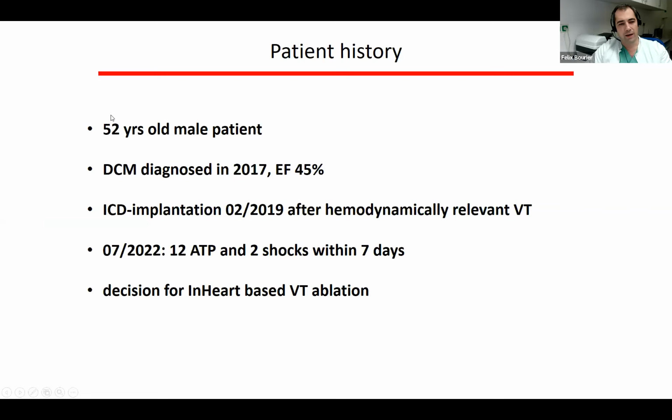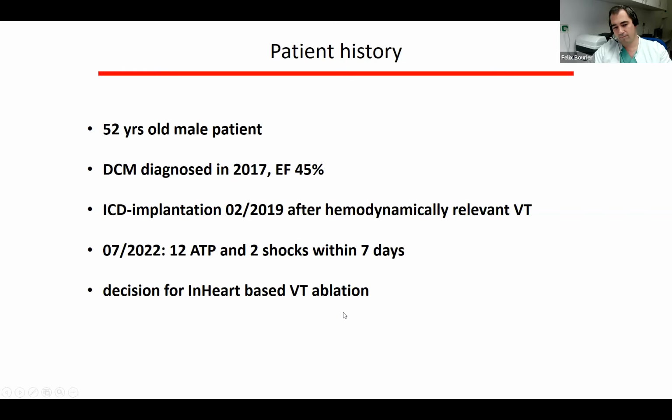It was a quite young patient, 52 years old. His DCM was diagnosed in 2017 with an ejection fraction of 45%. He then underwent ICD implantation in February 2019 after having experienced some hemodynamically relevant VTs.